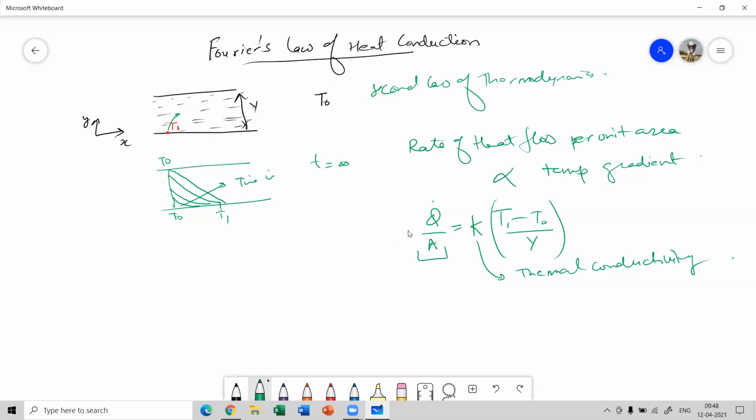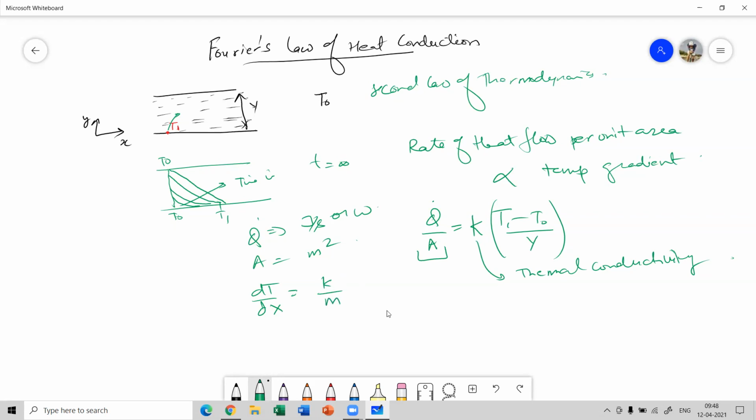In SI units, Q has the units joules per second or watt. The area is in meter square, and dT by dx, that is the temperature gradient, is in Kelvin per meter, not kilometer.